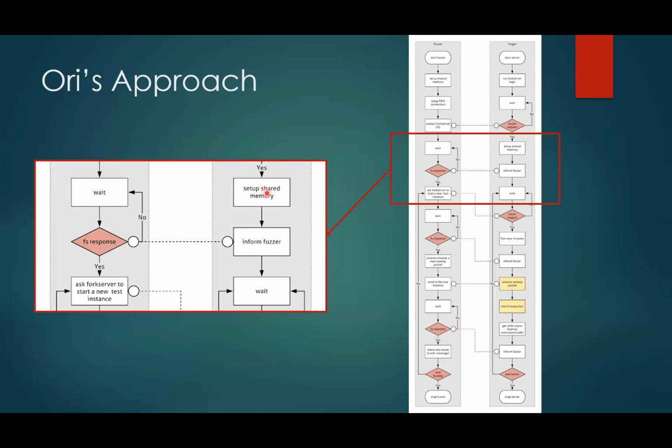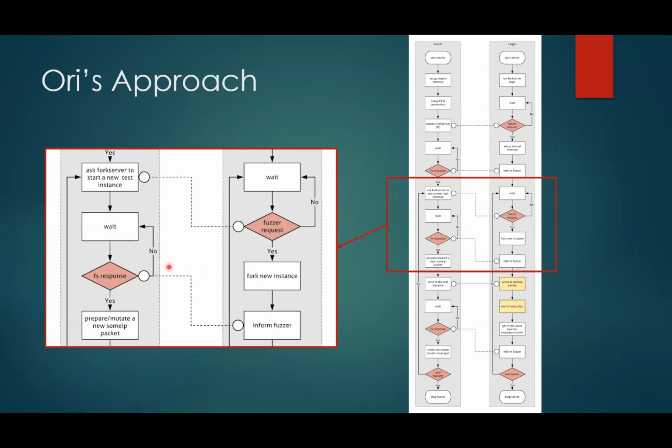Then the target will connect to the shared memory because it needs to log the execution trace, and then it will inform the fuzzer, okay, I have connected, and then it will start to wait again. And then the fuzzer can start to ask our test target to fork new processes for us to test with.